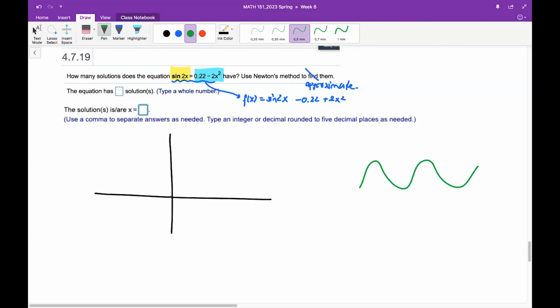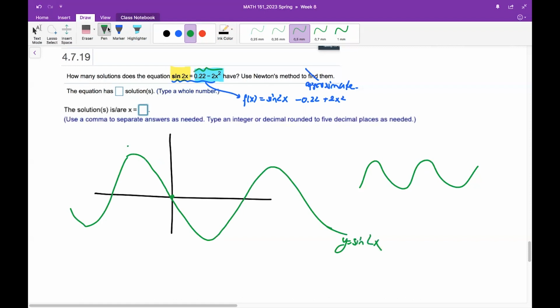That's why I will just draw it like an oscillating graph like that. Let me draw it smaller. Maybe, okay. Oh, yeah, this looks better. So this is the y equals sine 2x graph.